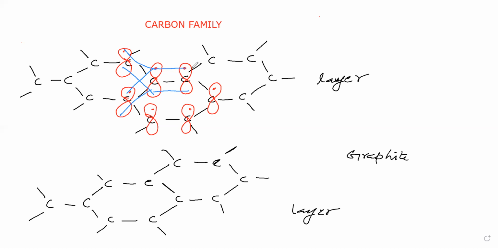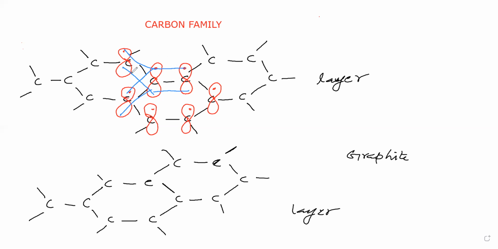Localized means one orbital is overlapping with particularly another orbital completely. Then that bond is localized bond. This p orbital is overlapping laterally with this p orbital as well as this p orbital and as well as this p orbital.